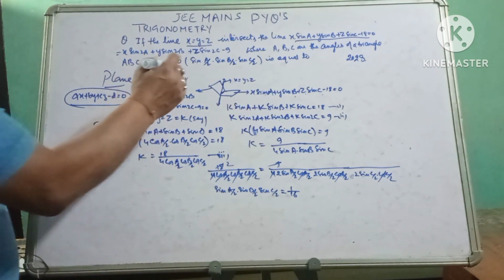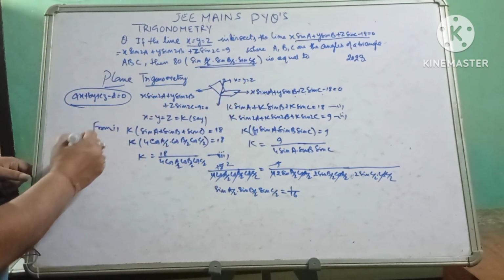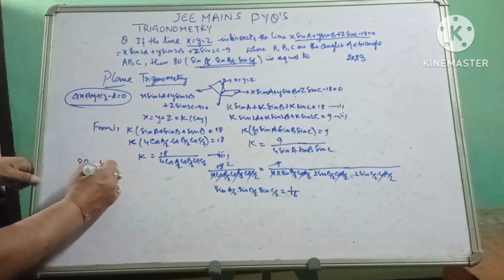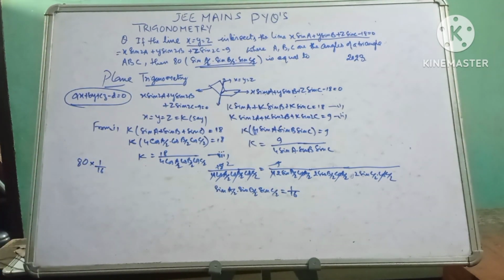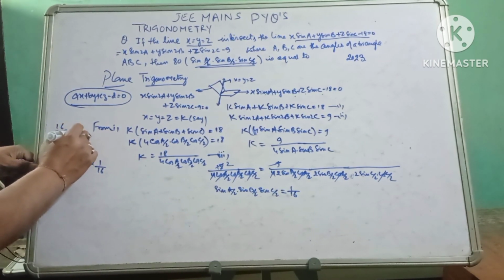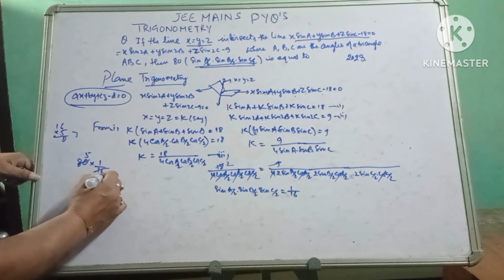So now I am going to put this value here. So this will be how much? 80 into 1 by 16. 16 fives are 80, so your answer comes out to be 5.